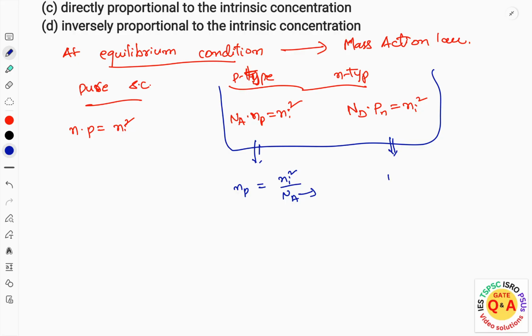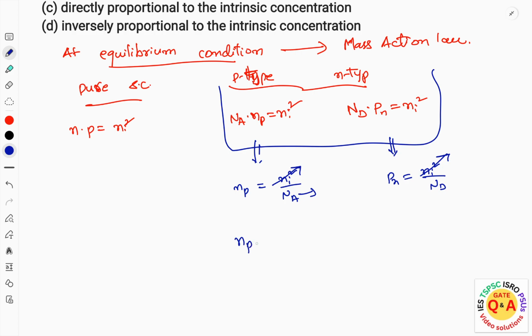Similarly, here also, minority carriers are holes, Ni square by Nd. At equilibrium condition satisfying mass action law, Ni is constant. Here also Ni is constant.